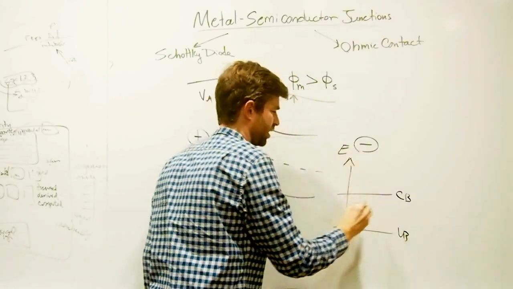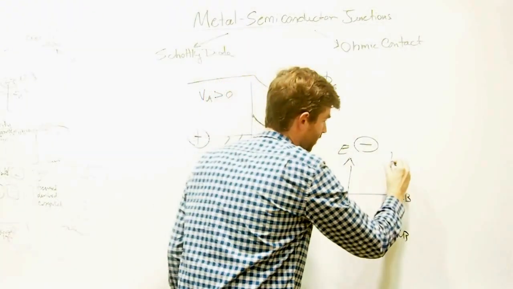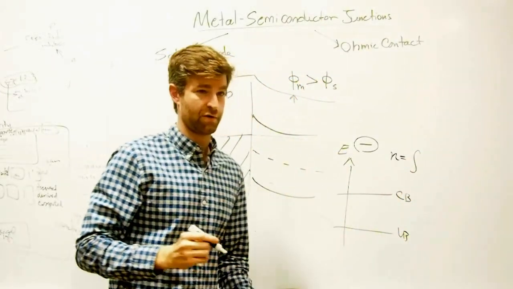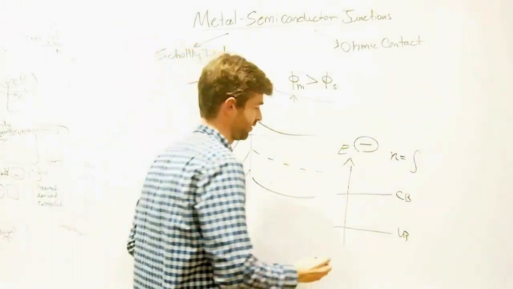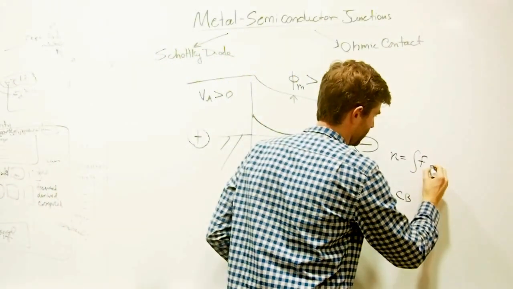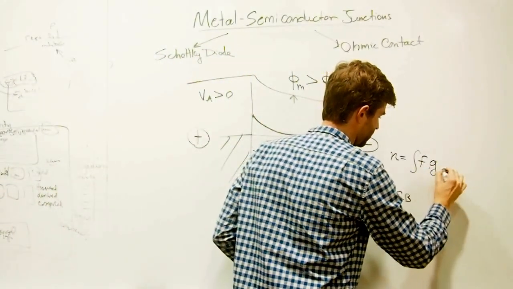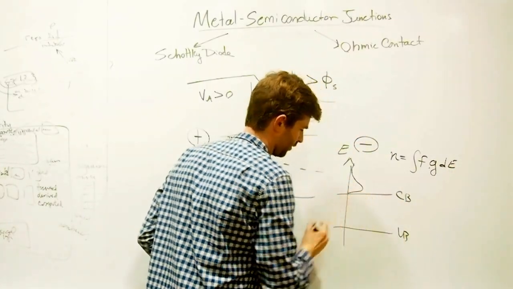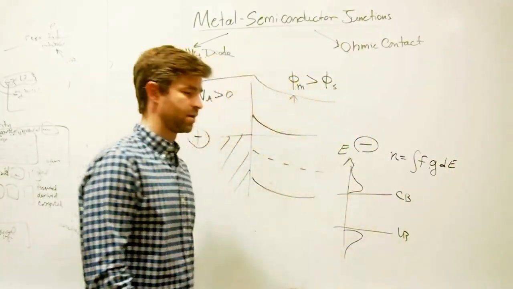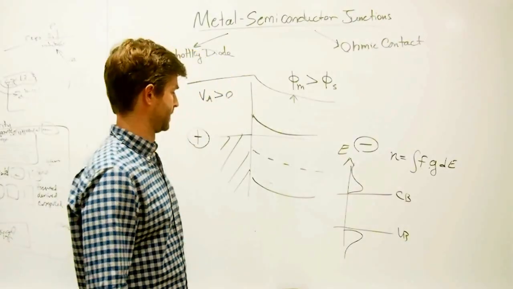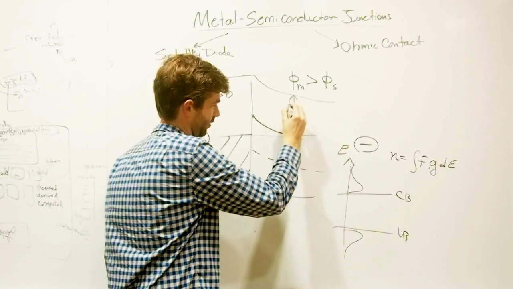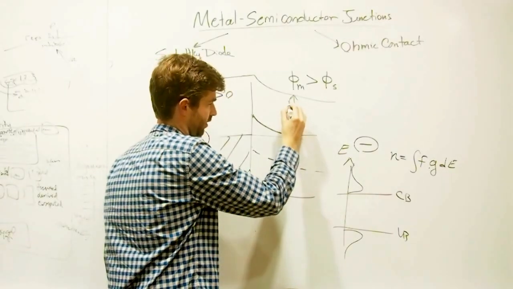This is energy, and then if we plot n, which is the integral of our Fermi function times density of states, that's F times G dE, we get something that looks like this. And if we were to superimpose the same plot right here, it looks like this.